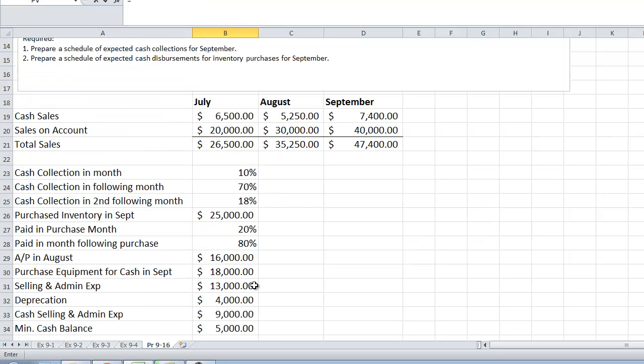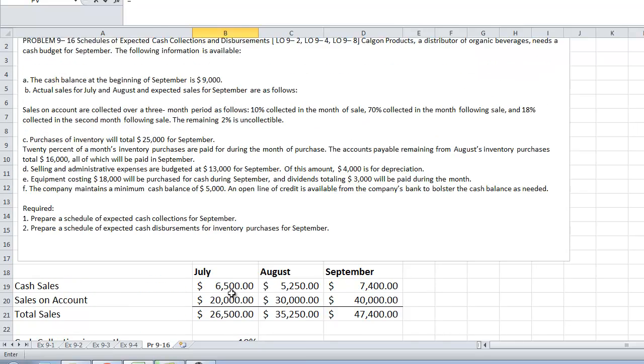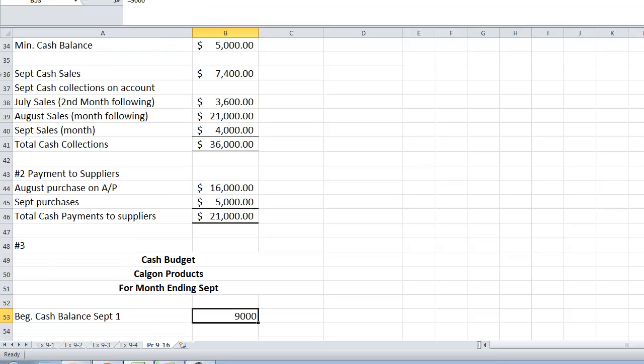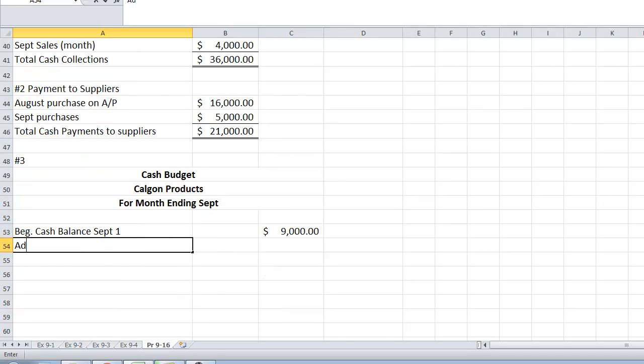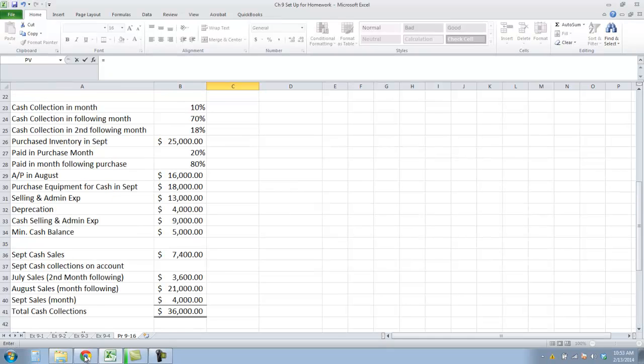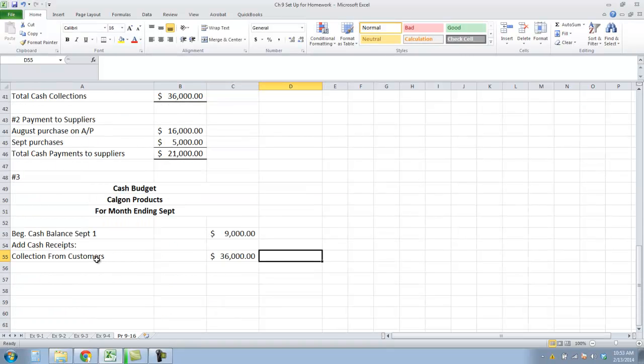And they told us in the problem the beginning cash balance is $9,000. Then we add cash receipts, collection from customers. So we're going to collect $36,000 from customers.